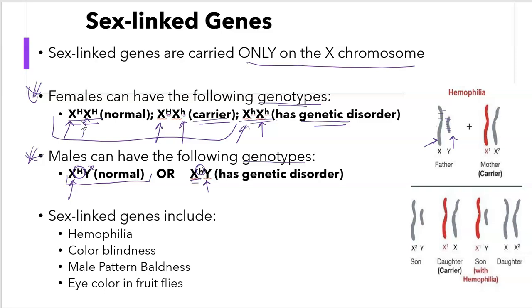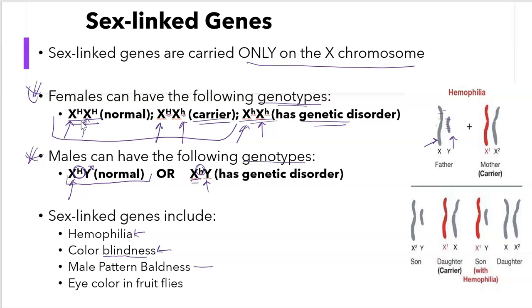Some examples of sex-linked traits include hemophilia. That is where your body does not produce enough platelets and you cannot clot your blood as easily. Color blindness. Some males and females don't know that they have this genetic disorder. You usually have red and green color blindness, so you can't tell the difference between red and green, and sometimes blues are wrapped in there too.